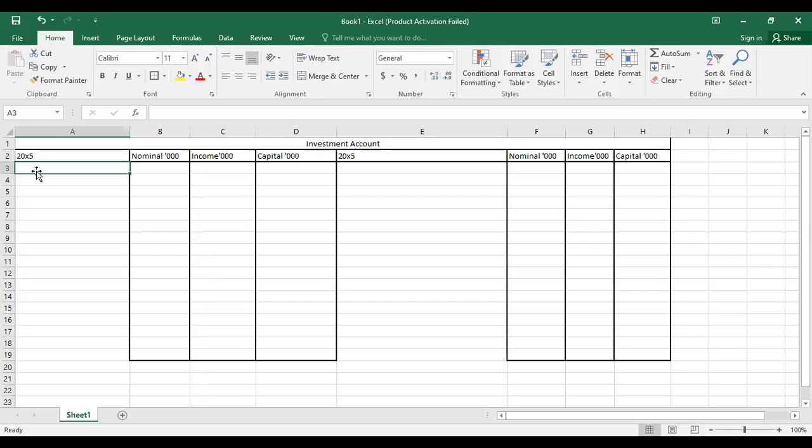And we've been told that the interim dividend of 25% for the year to 30th September 20x5 was received on 1st May. And then a final dividend of 100% for the year was ultimately paid on 30th November 20x5.